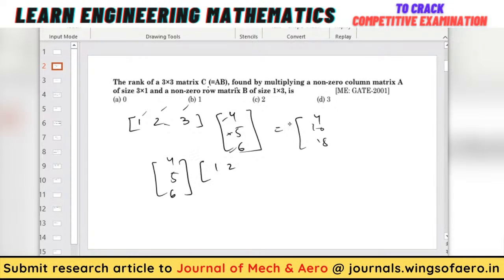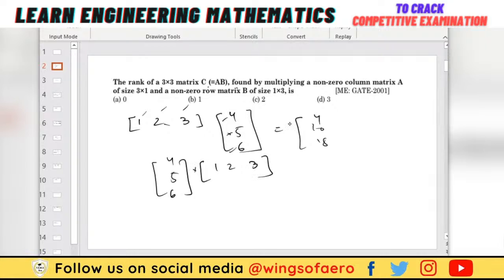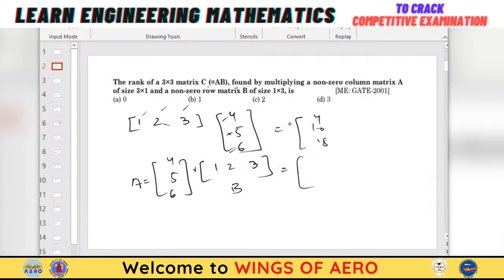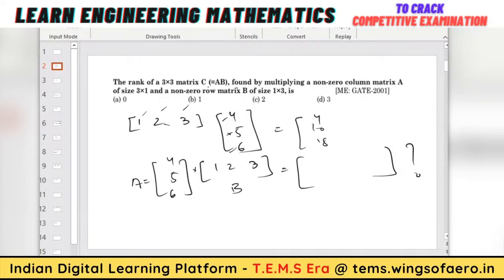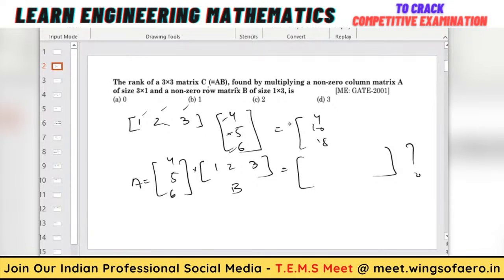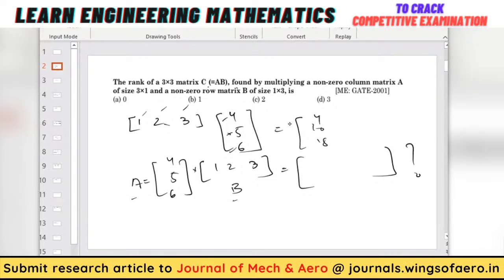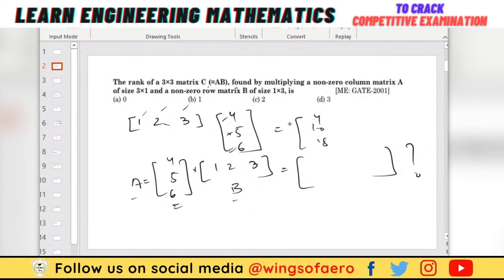But if the matrix is like this, I'm just interchanging the two matrices. Suppose this is the A matrix and this is the B matrix. Then what is the final output? Can anybody tell me how to find A into B if I interchange them, so that A is a column matrix and B is a row matrix?